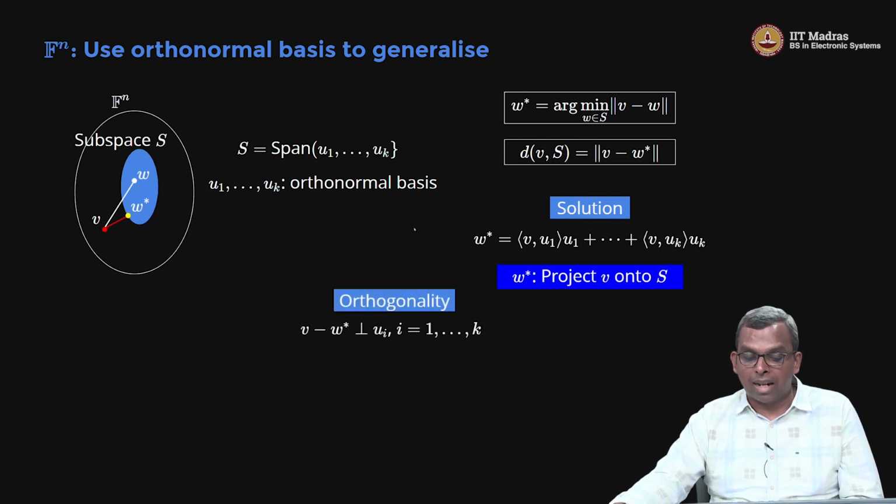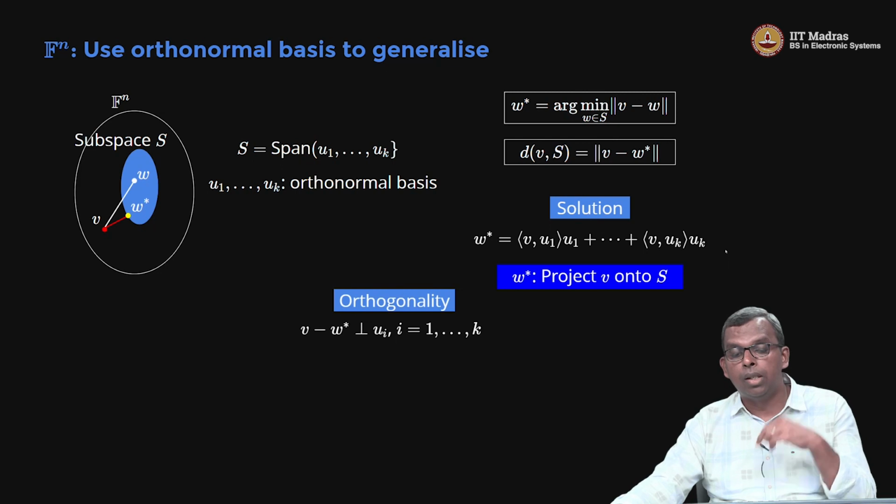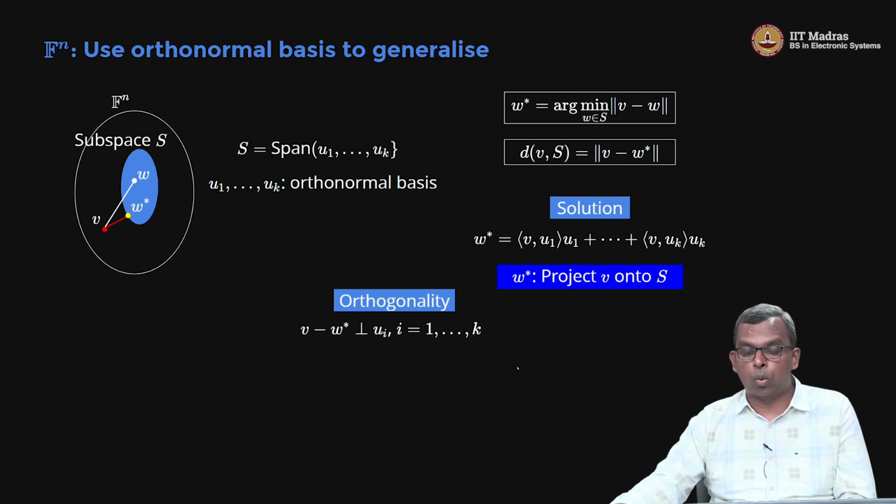Okay, now there is another interesting property here. So it turns out once you define w star like this, v minus w star, that vector ends up being orthogonal to every ui. Okay, so previously also we had the orthogonality property in one dimension, two dimensions in R2. That same orthogonality property carries over to arbitrary dimensions. So v minus w star, the vector that you started with minus its approximation. Remember, w star is in S, right? Keep that in mind. W star is in S. So this v minus w star ends up being orthogonal to every ui in the basis.